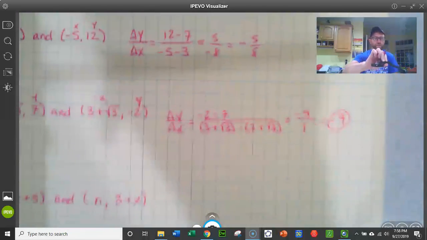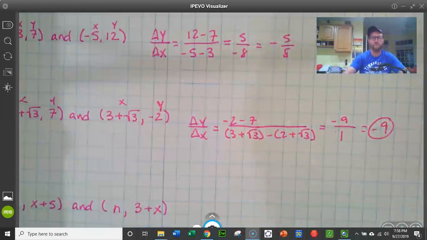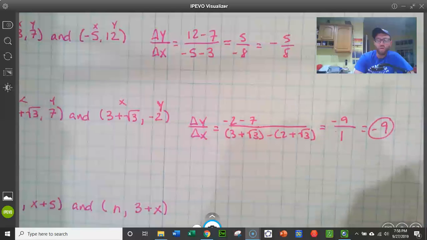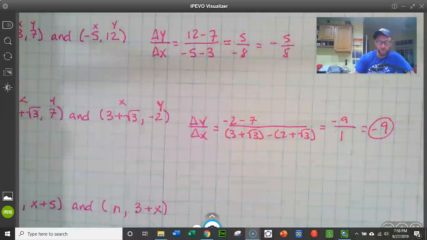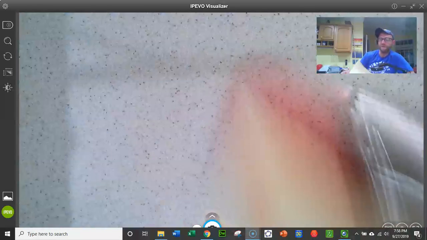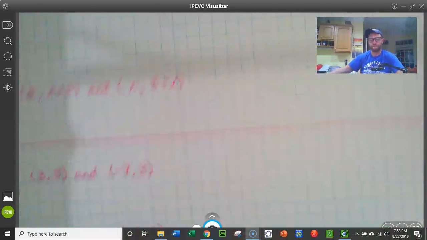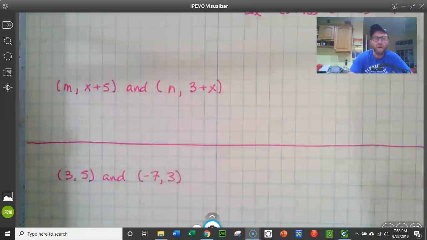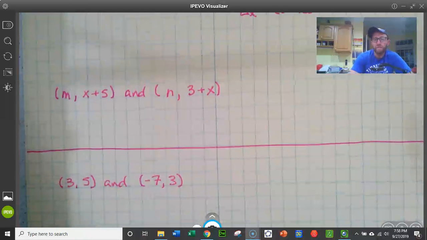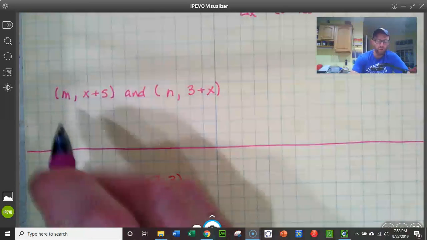So I can still do a slope calculation even if my coordinates aren't perfect integers. We can also, in fact, over here, do a slope calculation without even having any actual numbers at all. I've just got a lot of variables here, which is possible. You can run into situations where your coordinates are variables.